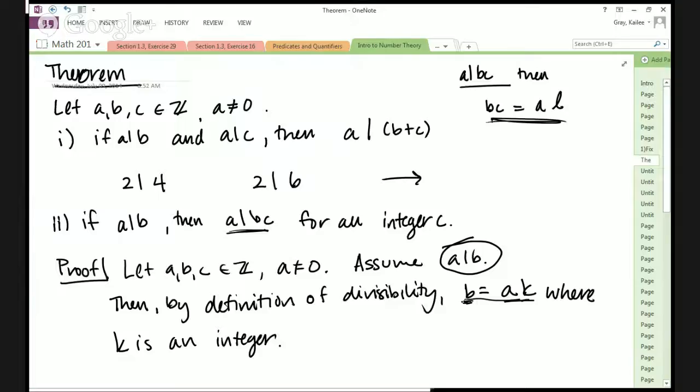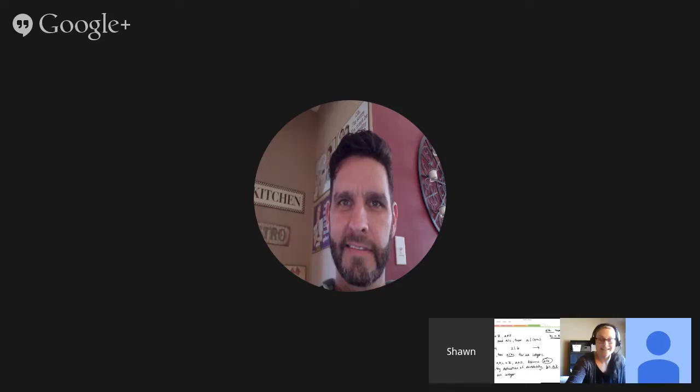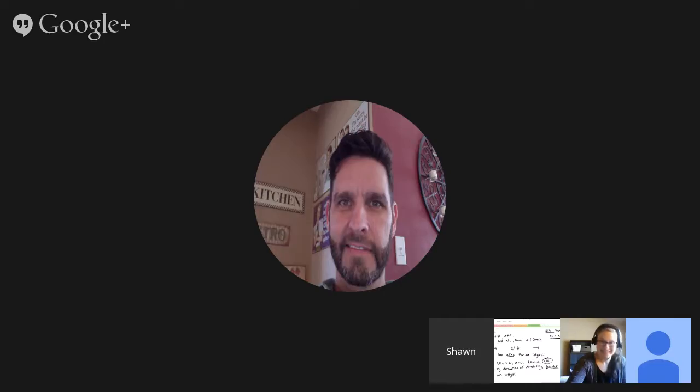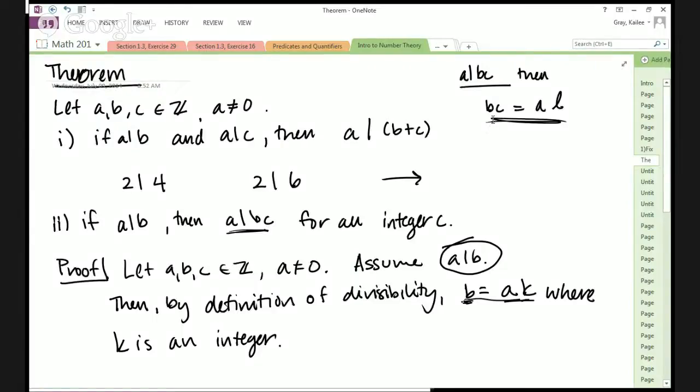I need to relocate something here because we're trying to find out A. We know B, so then we have A times some integer, so we would need to divide some integer by each side, or multiply, no, divide by each side in order to find out A, as in K over B equals A.